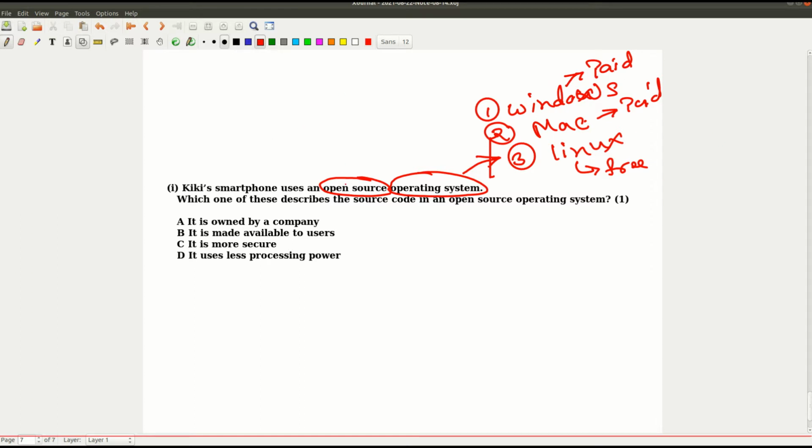And what is the meaning of open source? Open source means many programmers, developers or engineers are contributing to a project which other people can easily download. This is called open source.